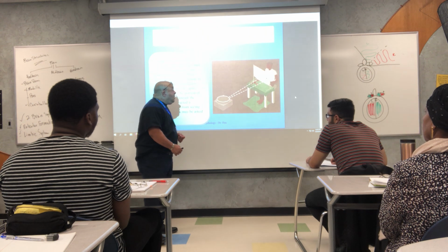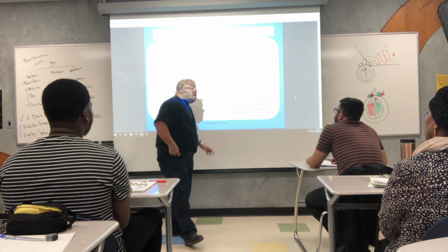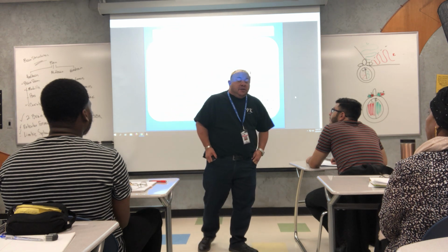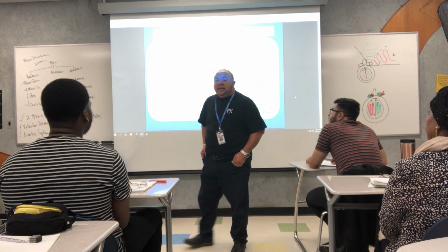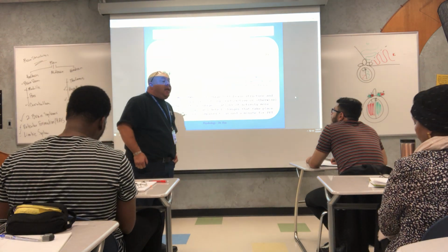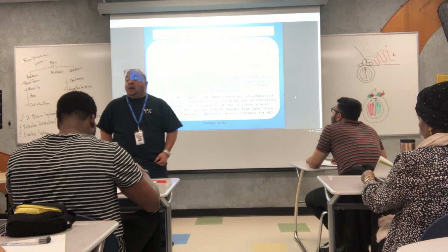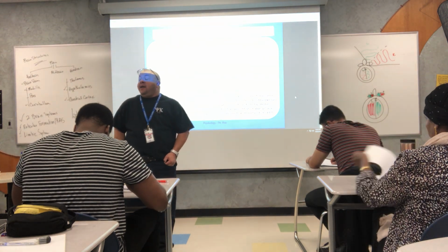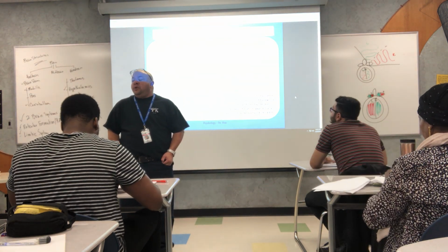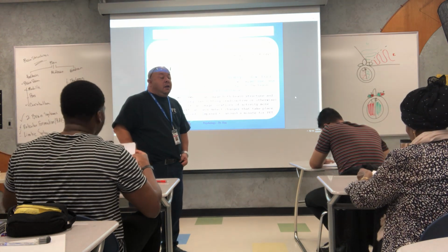Okay, the next thing we're going to talk about are these methods of studying the brain. The first one is called an EEG. In an EEG, they take electrodes and place them on your head, and they find out what your brain electrical waves are doing. Can you repeat that again, please?